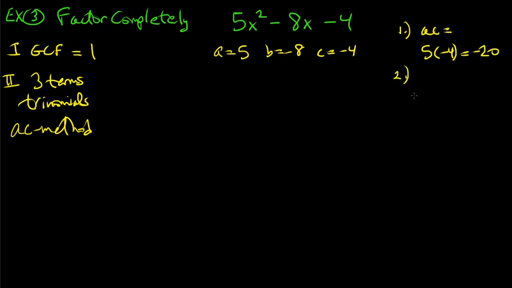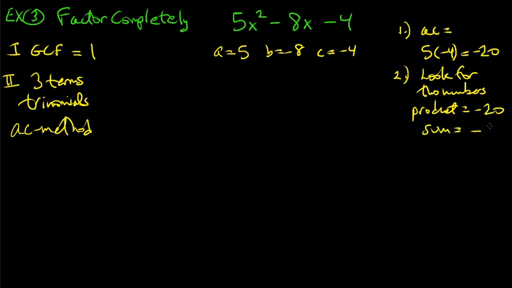Step 2, we look for 2 numbers that multiply to negative 20. So the product is negative 20, and the sum has to be b. b is negative 8.